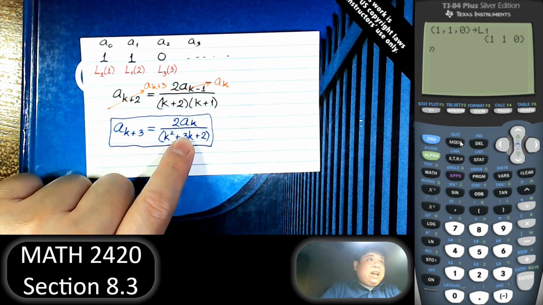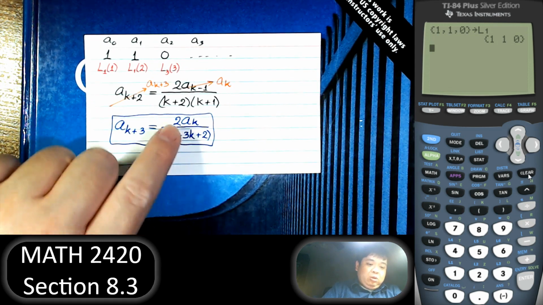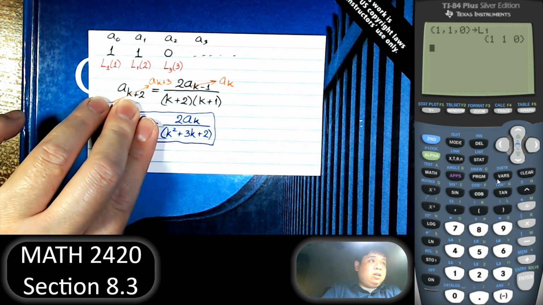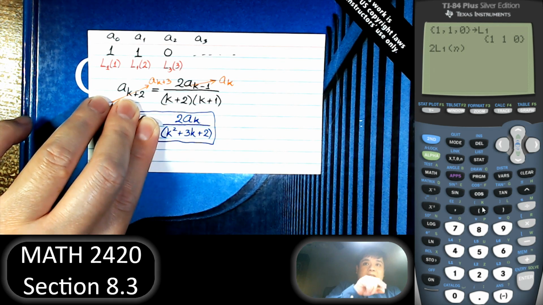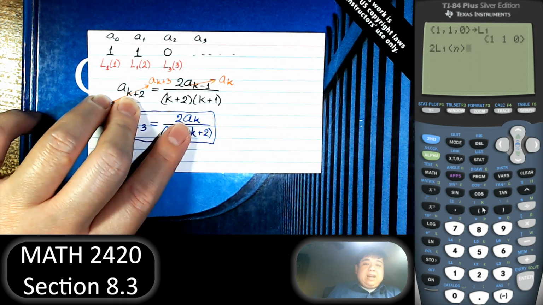Right, now what we enter is going to be this. Of course, we cannot enter the equal sign. We have to start from the right-hand side first. So we have 2 a sub k, so we use n instead of k, and L1 sub n will be the entry in the sequence.